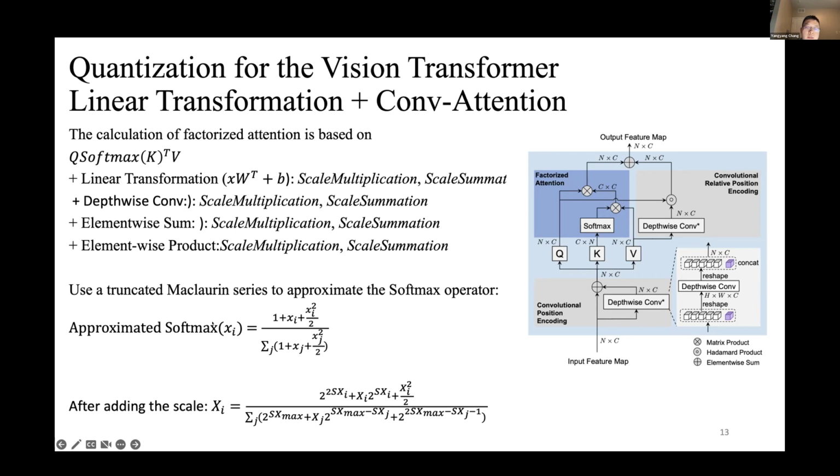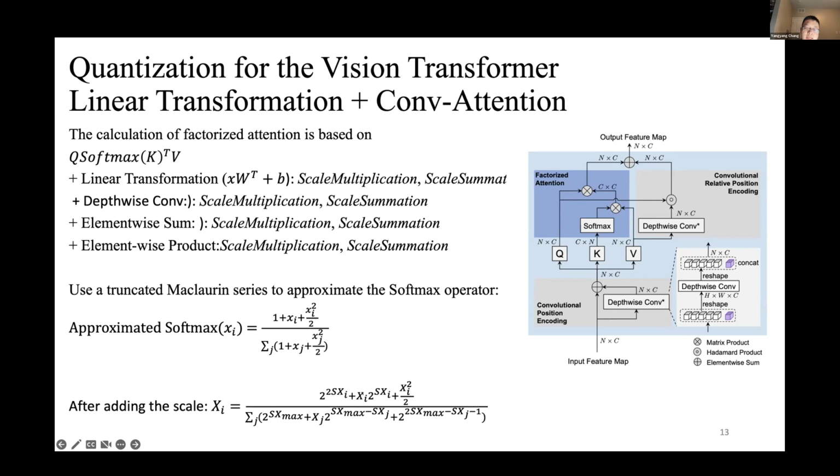In here, we directly use the first 3 terms. So the exponential part is approximated as 1 plus xi plus xi squared over 2. And then we add in the scale over here. You can see this is a square, and the xi times another 2 to the s xi is this scale.